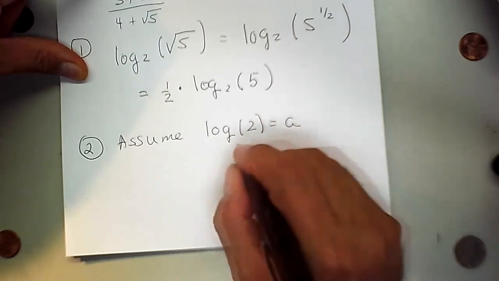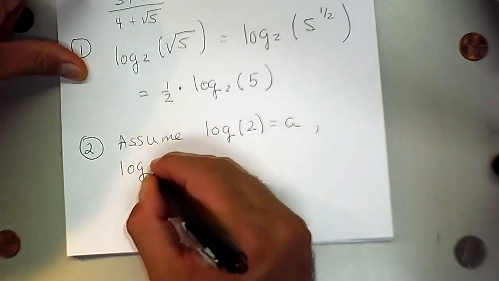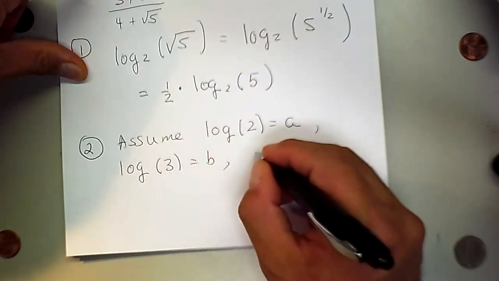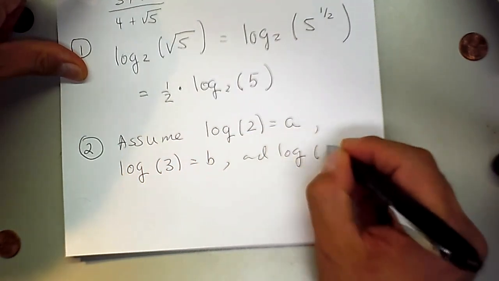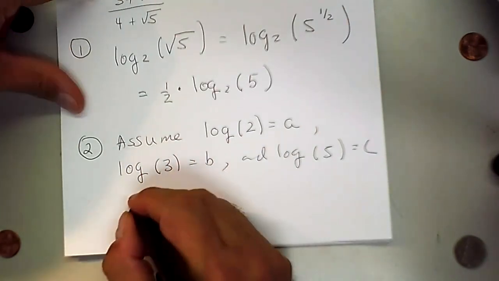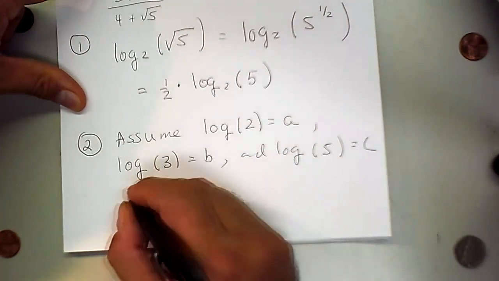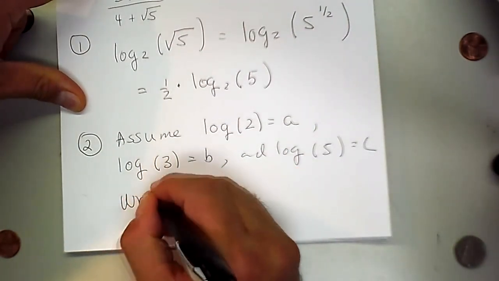So we're assigning a to this logarithm, comma, logarithm of 3 is b, comma, and logarithm of 5 is c. Okay, so we want to write the following logarithms in terms of a, b, and c.